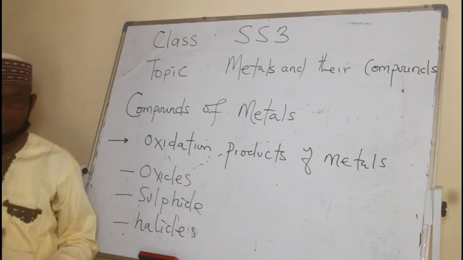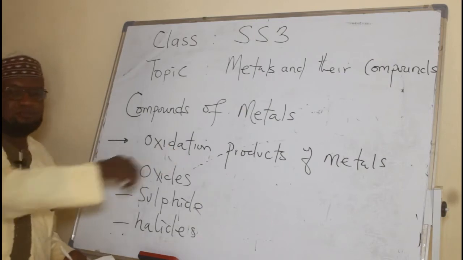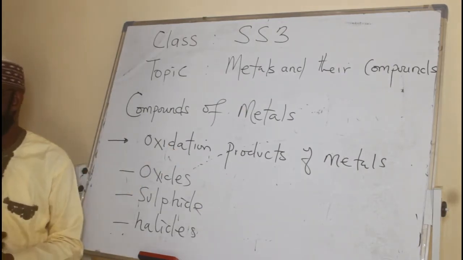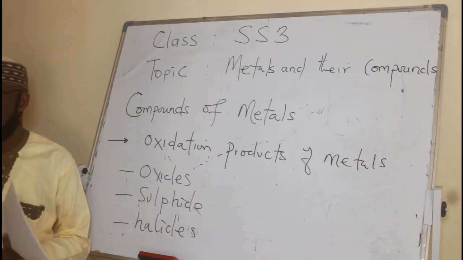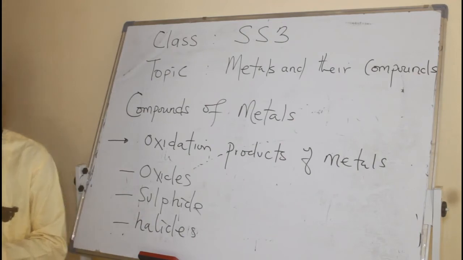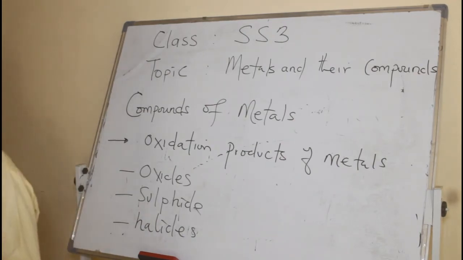And I've said earlier, they are oxidation products, because anytime when we say oxide, we are referring to a combination of a metal with oxygen. A binary compound of oxygen with a metal is what we call metallic oxides. So you will find out that the metals donate electrons to the oxygen, thereby becoming oxidized.